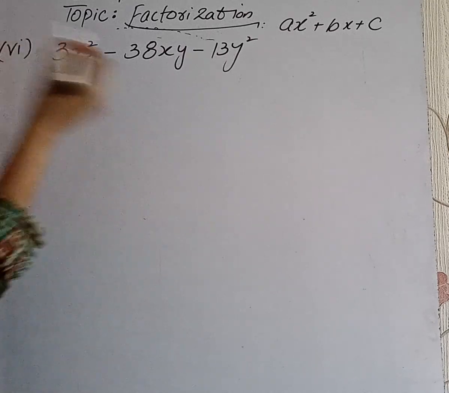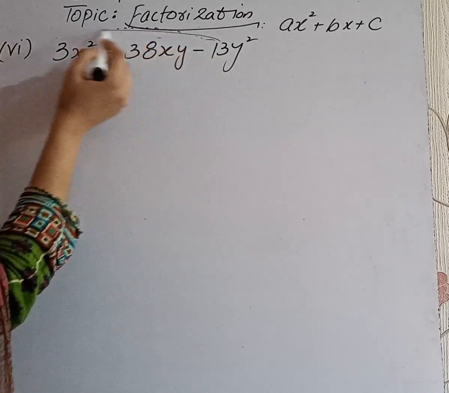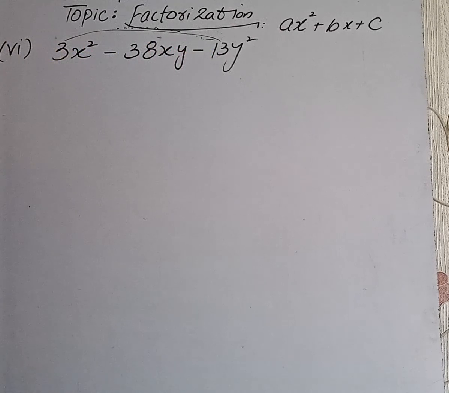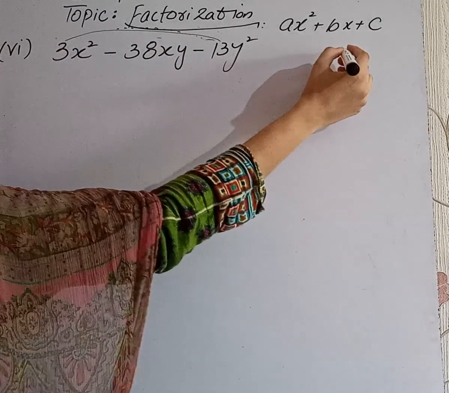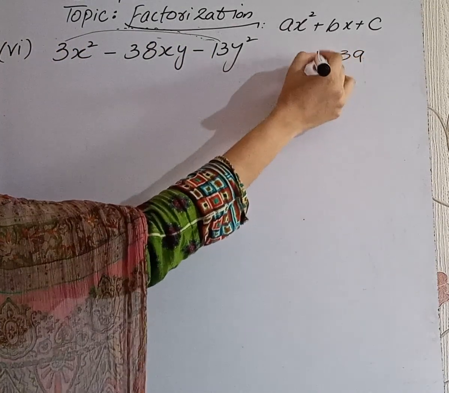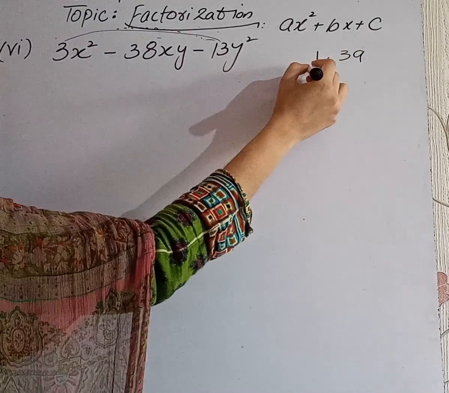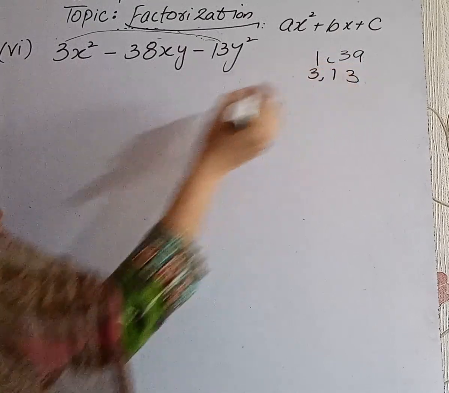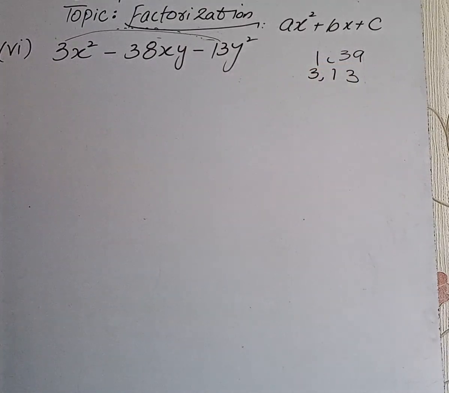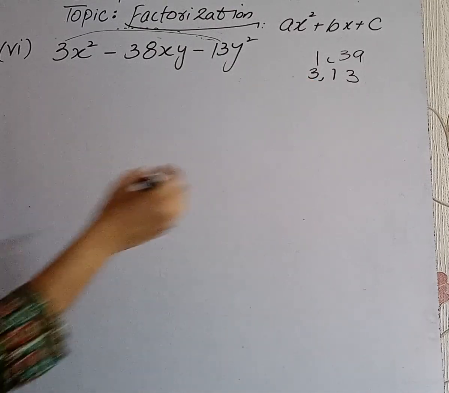So first we will use the same way: 13 times 3, that is 39. So here we are going to make the factors of 39. 1 times 39. With 2 it is not divisible, 3 it is divisible, 3 times 13, then 4, 5, 6, 7, 8, 9, 10, 11, 12 it is not divisible, then it is divisible again by 13, 3 times.